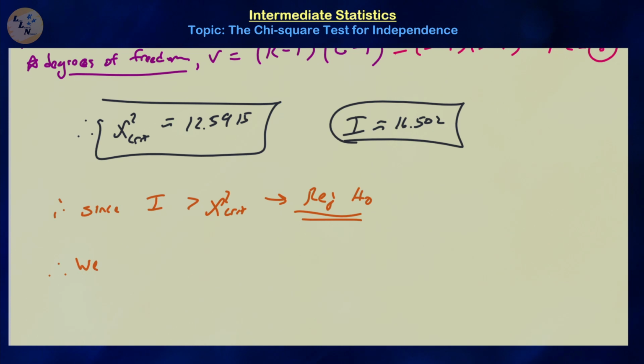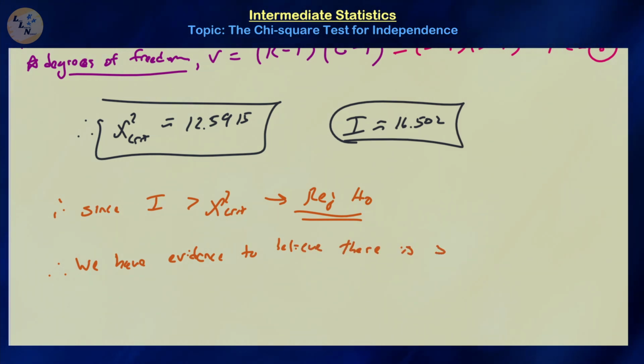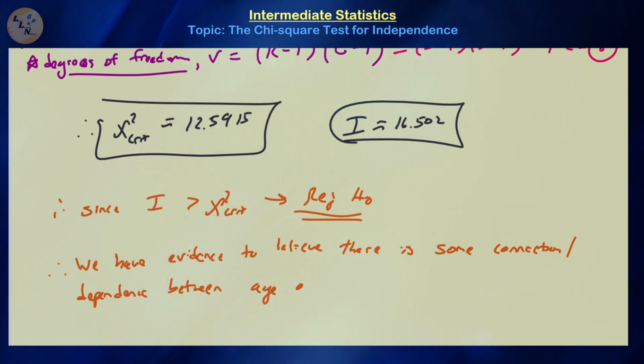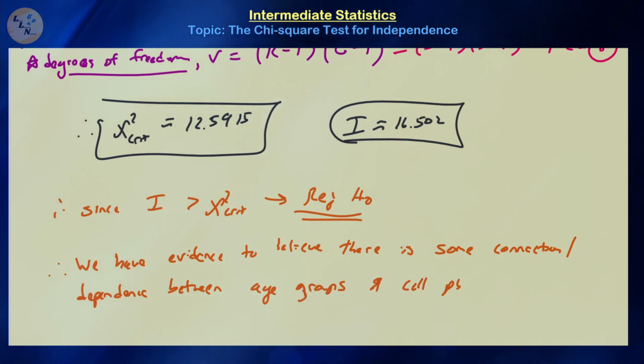That means we have evidence to believe that there is some connection, or dependence rather, between age groups and cell phone use.